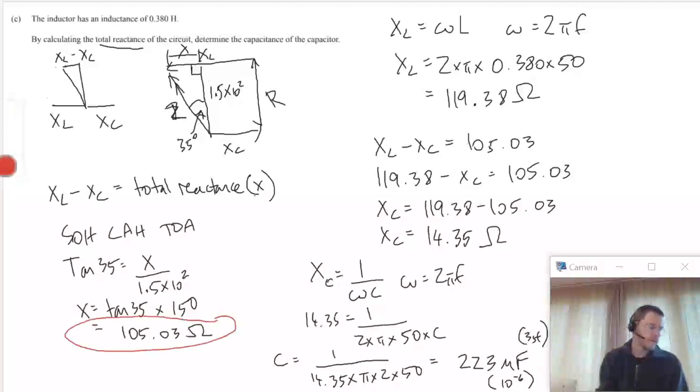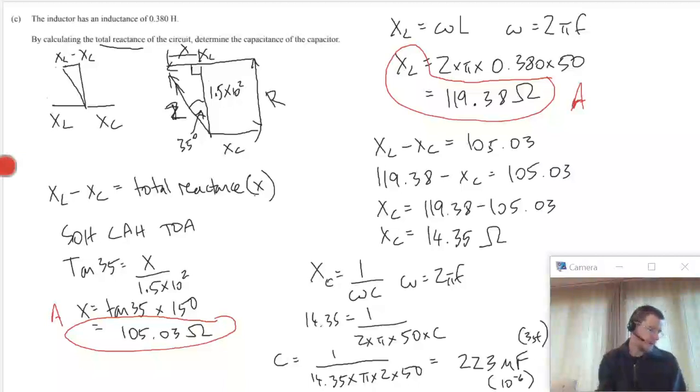So that X, the total reactance, equals 105.03 ohms. That is a good achieve point. Also up here, you could have got an achieve point from this. So even if you couldn't figure out the total reactance, if you knew that you could figure out the inductor reactance, then you could get an achieve point, which is 1/8 of the way to passing the exam.